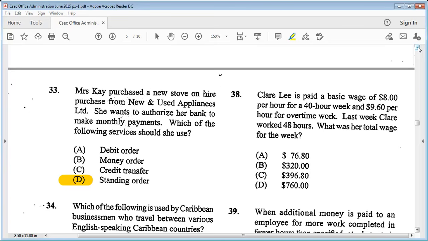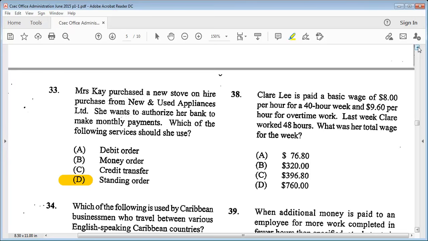A, $76.80; B, $320; C, $396.80; or D, $760. Now, we know the basic wage rate per hour is $8, and she did 40 hours. So when we multiply 8 by 40, we get $320.